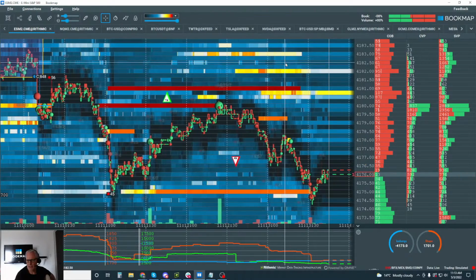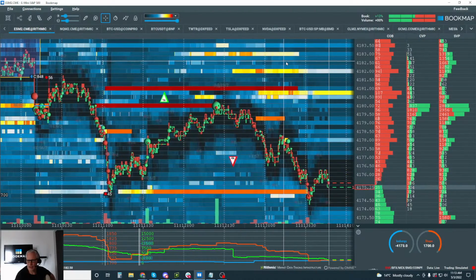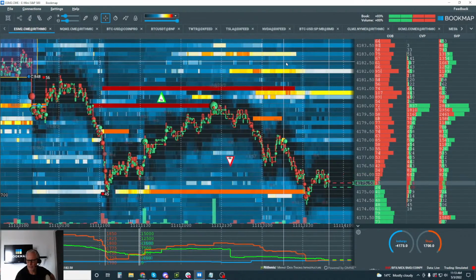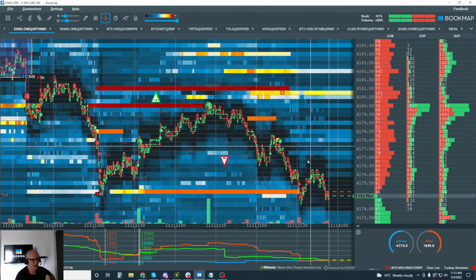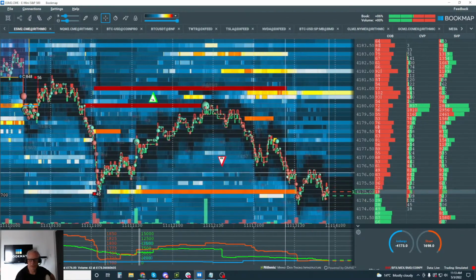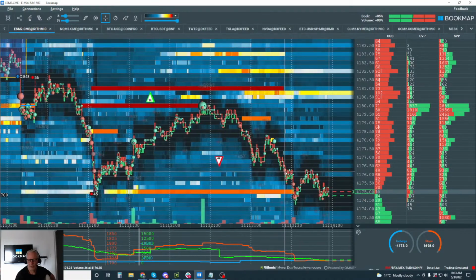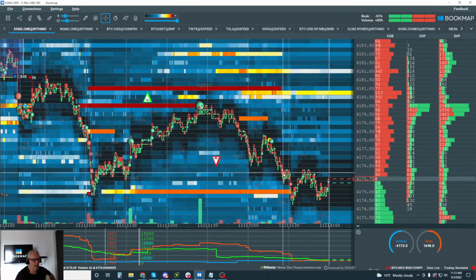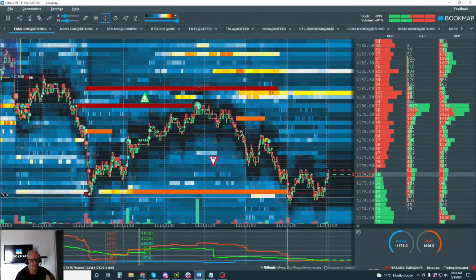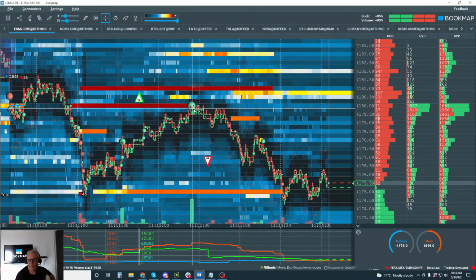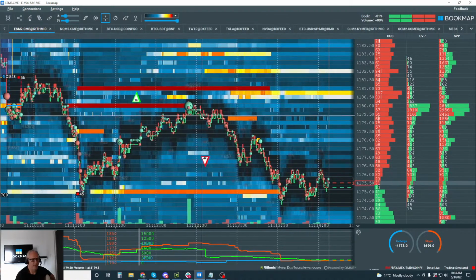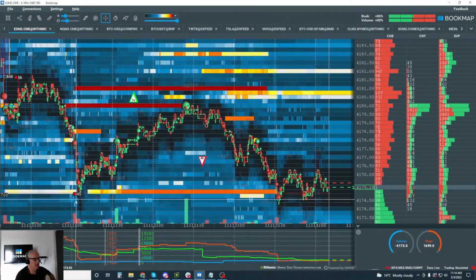Carol, did I answer your question about the small red dots? I hope. Oh, no, I didn't. What small red dots? Where? These ones in here? These are sellers, aggressive sellers. So these are market sell orders, hitting the bid, taking price lower. Okay, green dots are market buy orders with numbers. Here, yeah.